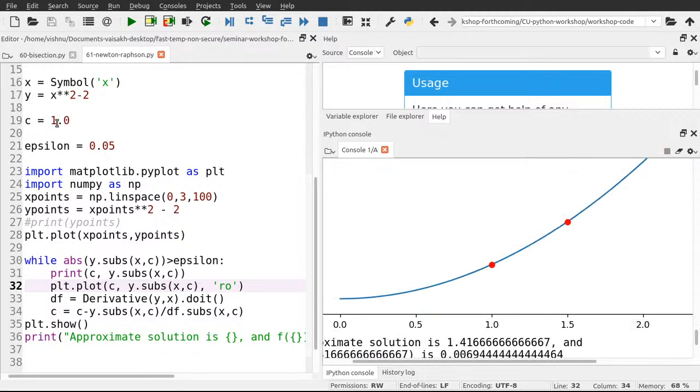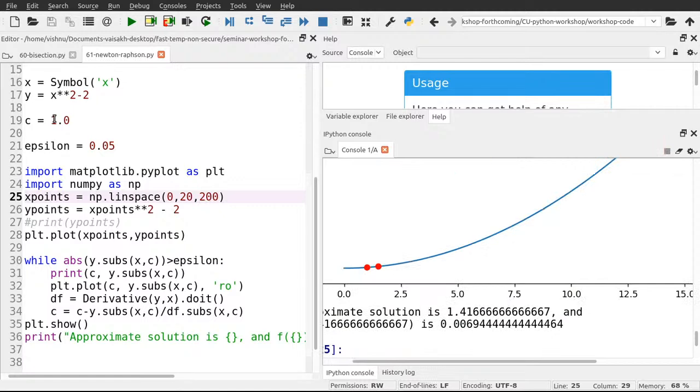Suppose that, okay, where did we start? Let's suppose that we start at, if you use -100, then it's going to be too far. So maybe suppose that we take 20 and take 200 points, still fine.